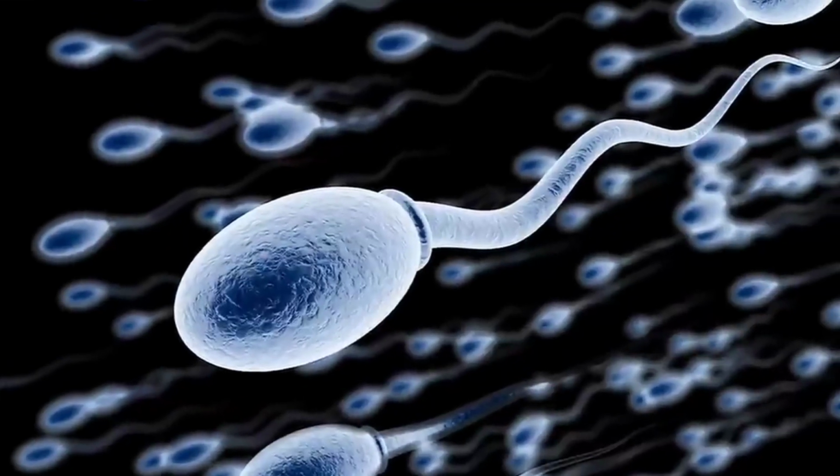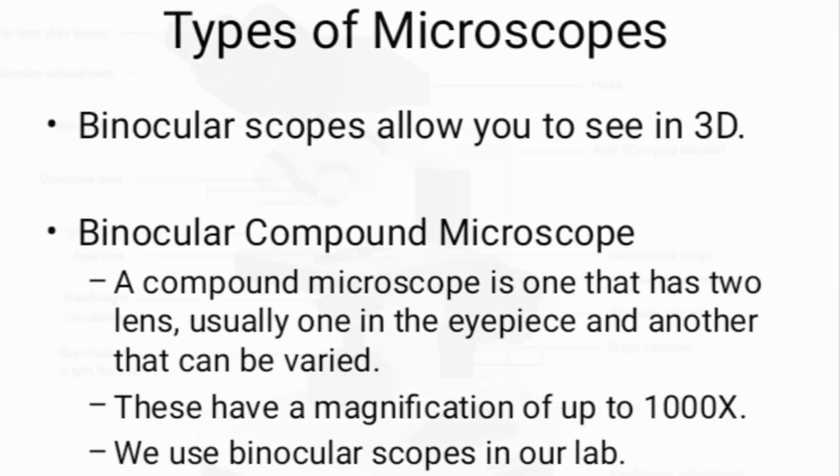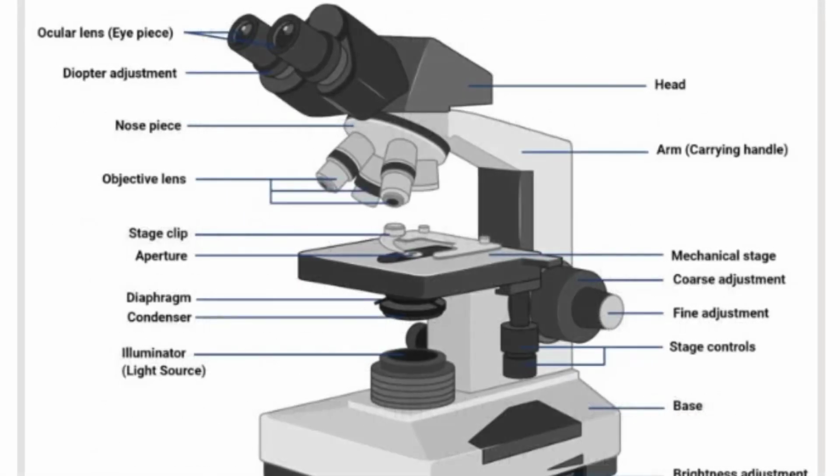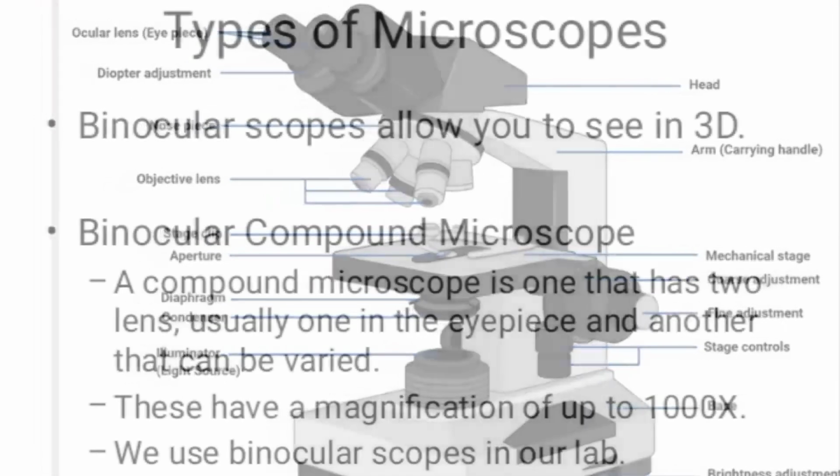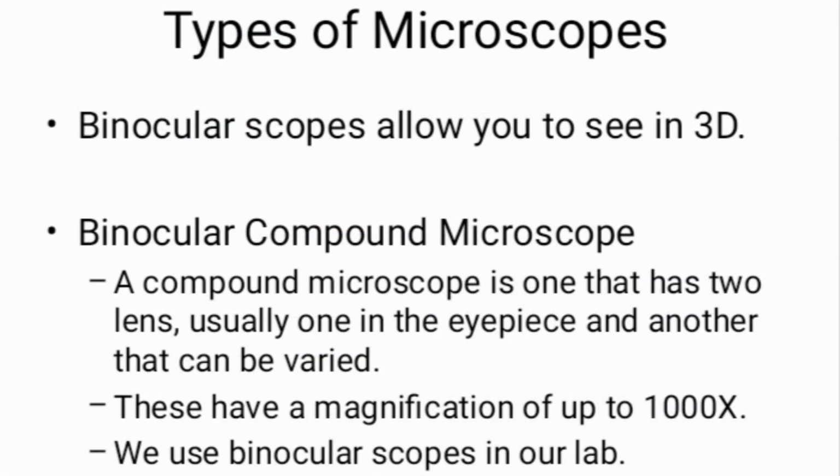Classification of compound microscopes. Number 1, we have the binocular compound microscope. They have 2 eye lenses with magnification of 10 times. The eye lenses, you can also call them ocular lenses.